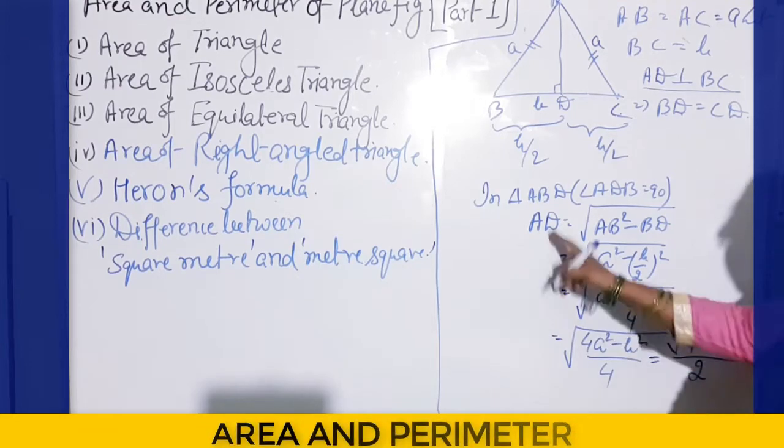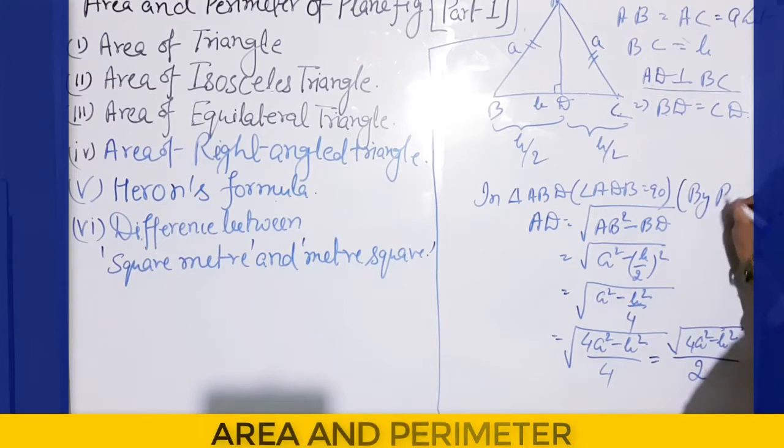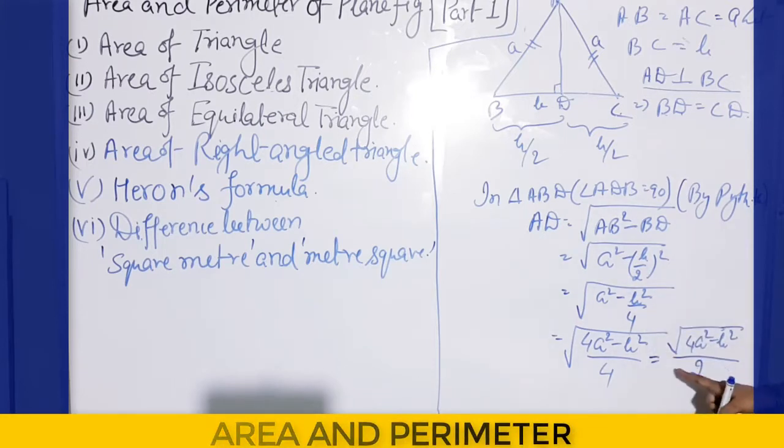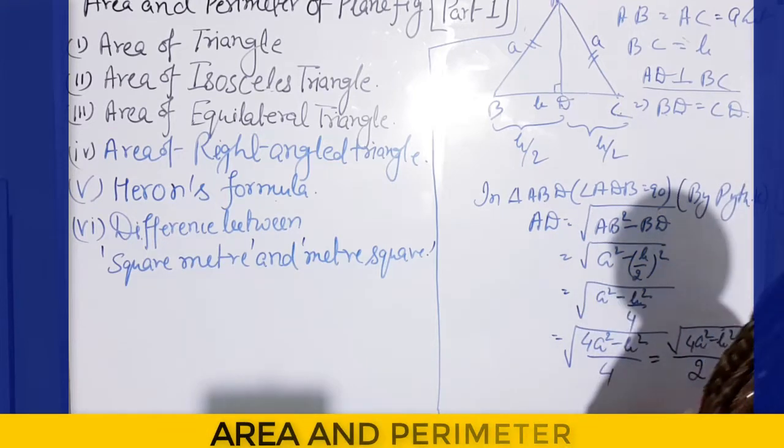We can write AD by Pythagoras theorem, the perpendicular is equal to root under 4A square minus B square, by 2. Hope all students understood. Concept is clear.